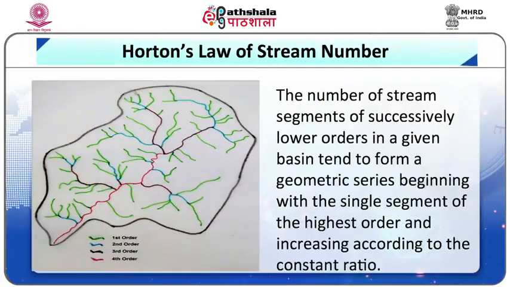According to him, the number of stream segments of successively lower order in a given basin tend to form a geometric series beginning with the single segment of the highest order and increasing according to the constant ratio. In other words, when stream number taken in logarithmic scale on y-axis is plotted against stream order taken in arithmetic scale on x-axis, it gives a negative linear pattern.